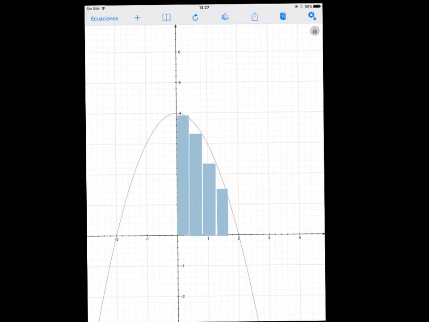By adding these areas, including the height of this rectangle times the base of this rectangle, he obtains area 1. Then by adding area 1 with the area of the second rectangle, the third rectangle, and the fourth rectangle, he could estimate the area under the curve.